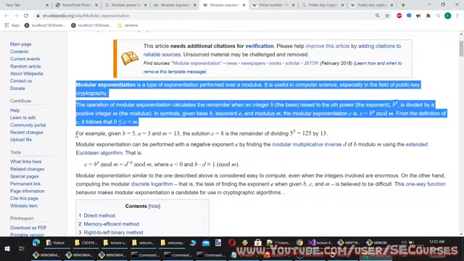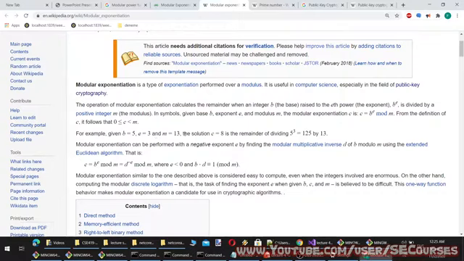Let's check an example to understand better. For example, b is 5 and e is 3, and m is 13. So the solution c is 8, the remainder of dividing 5 to the power 3 by 13.